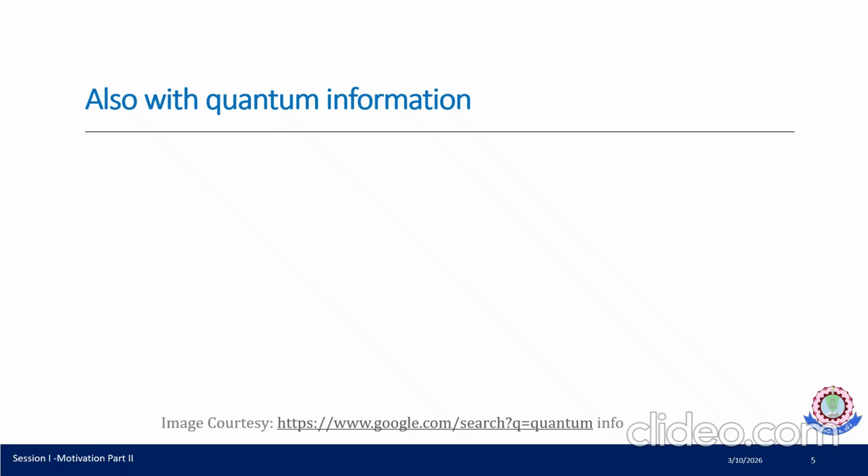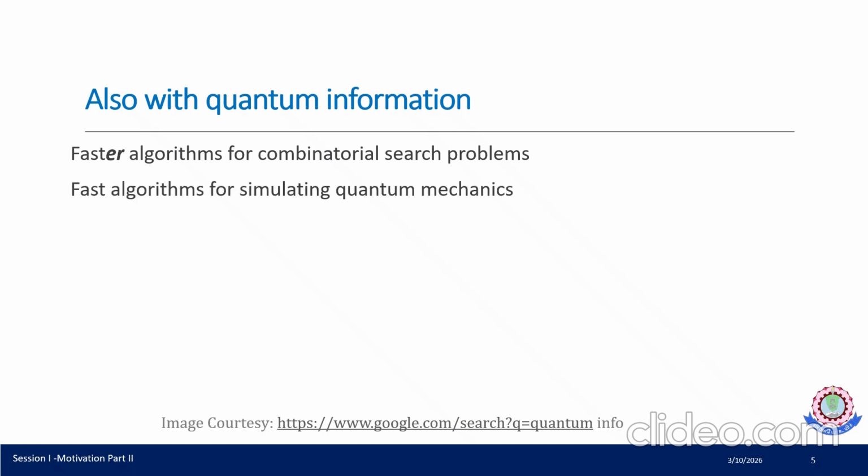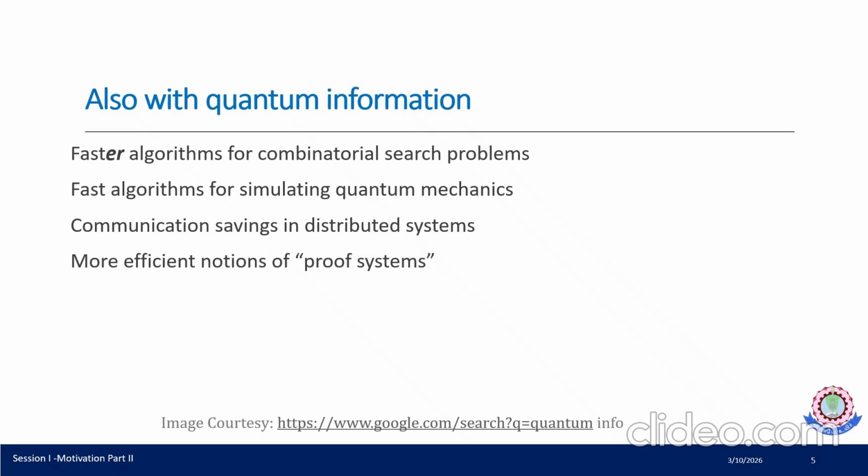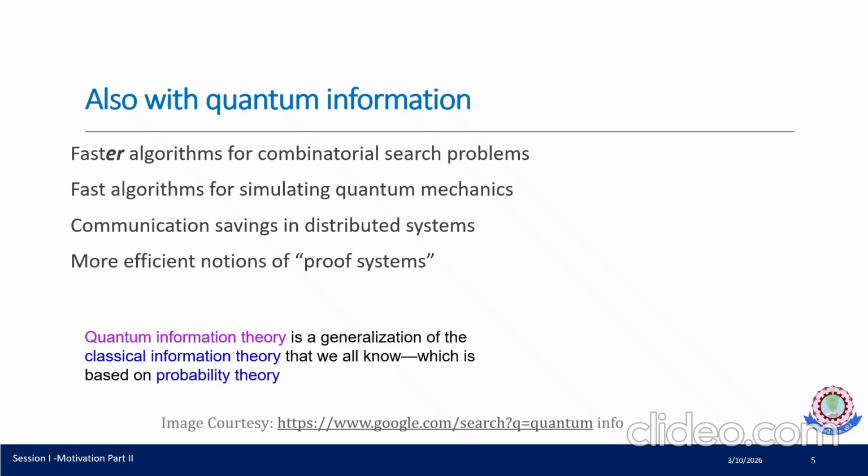Also with quantum information, faster algorithms for combinatorial search problems have been introduced. Fast algorithms for simulating quantum mechanics have been introduced in the computational world. Communication savings in distributed systems have been introduced. A more efficient notion of proof systems has its place in this quantum world.